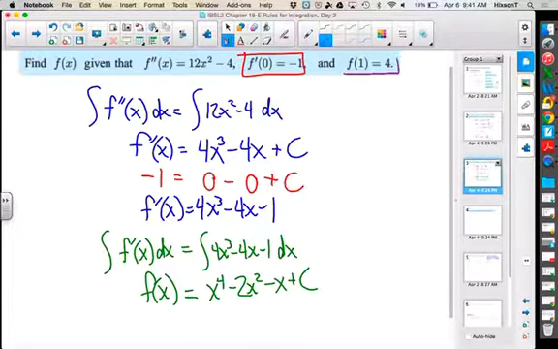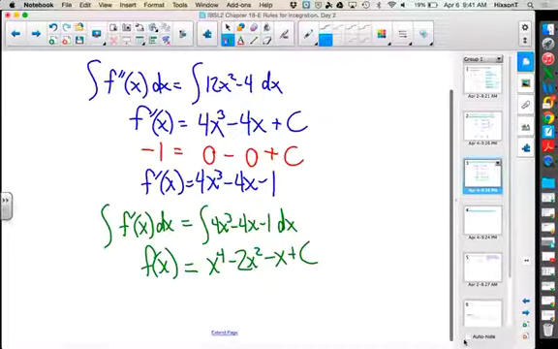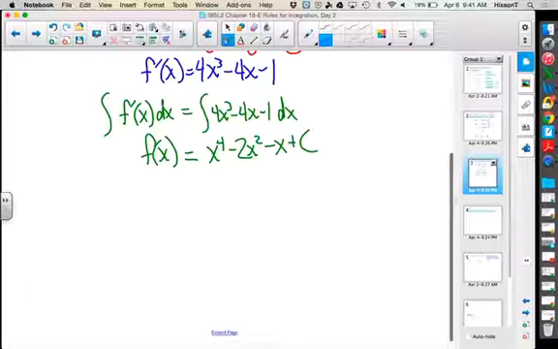And now we'll use this second point that they gave us. F of 1 equals 4. So I plug in 4 for f of x. I have 1 to the 4th minus 2 times 1 squared minus 1 plus c.